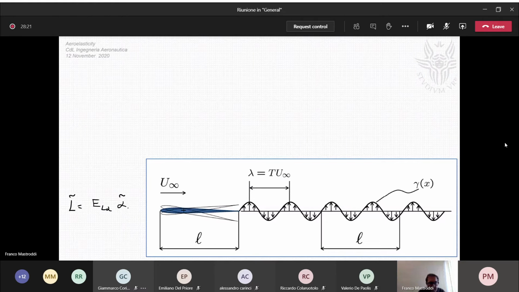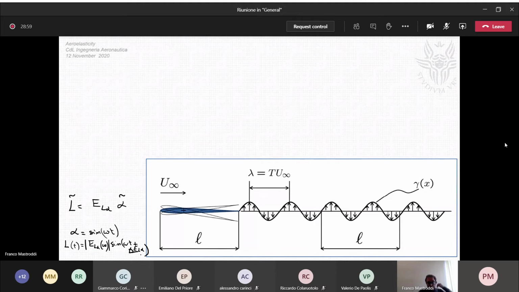And so if we activate an oscillatory motion like alpha equal to sine omega t, we should have in this case, for example, an oscillatory lift in steady state motion in time equal to the amplitude of E L alpha evaluated at assigned omega, times sine omega t plus the phase angle of the complex number E L alpha.